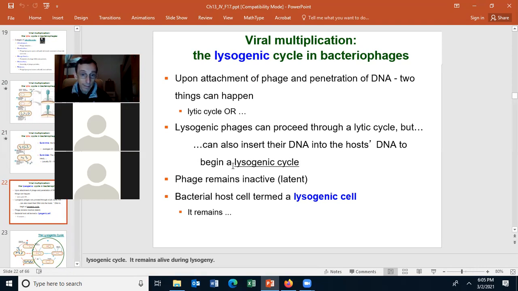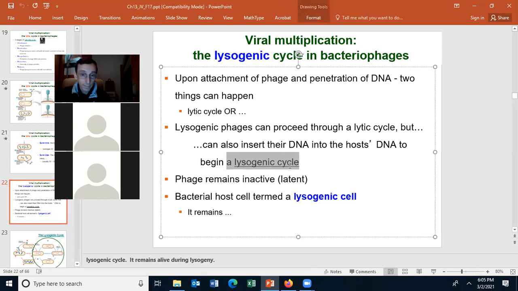And that begins the lysogenic life cycle. The bacteriophage remains inactive, kind of latent. It does not kill the cell, although it can undergo metabolism, as can a latent virus. It just doesn't cause disease if it's latent.